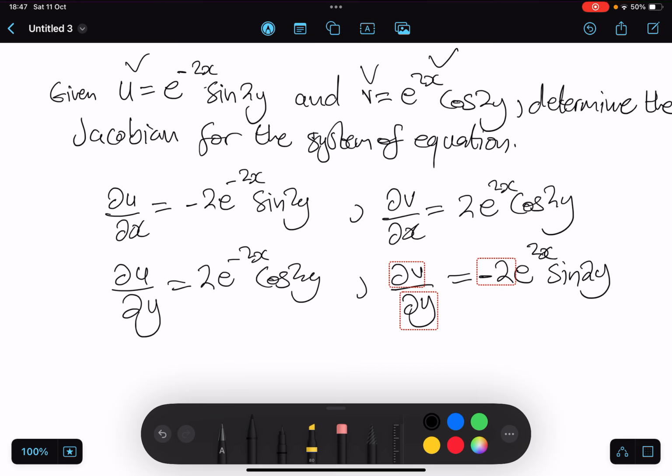But now we want to find the system of equations for this one.